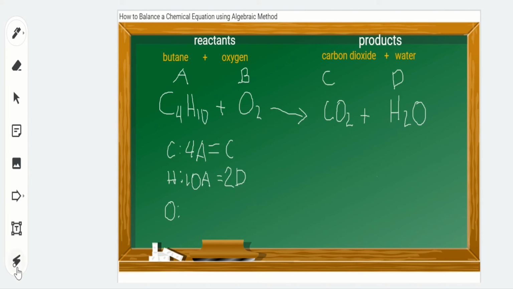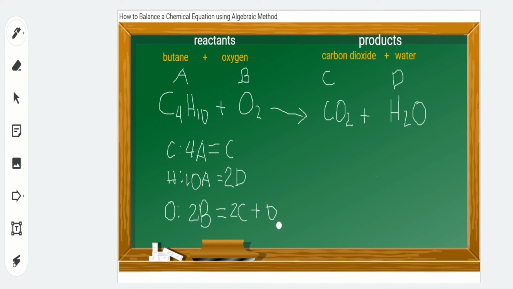And for our oxygen, for the reactant side, we have 2 and then B. So, we can write it as 2B is equal to, we have here in C, 2C, so 2B is equal to 2C plus, we also have D, just one. So, 2C plus D.